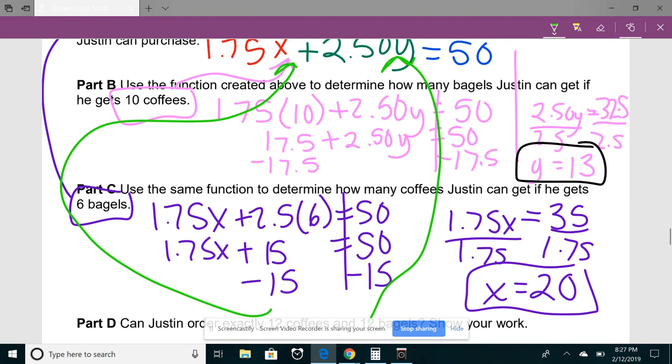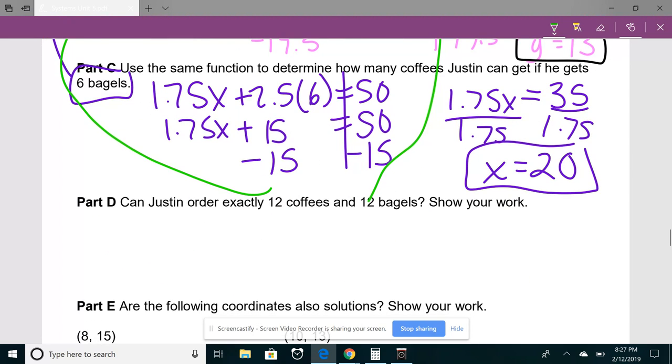And we're going to see if that equals $50. So we have $1.75 times 12 plus 2.5 times 12, and we're going to see if that equals 50.